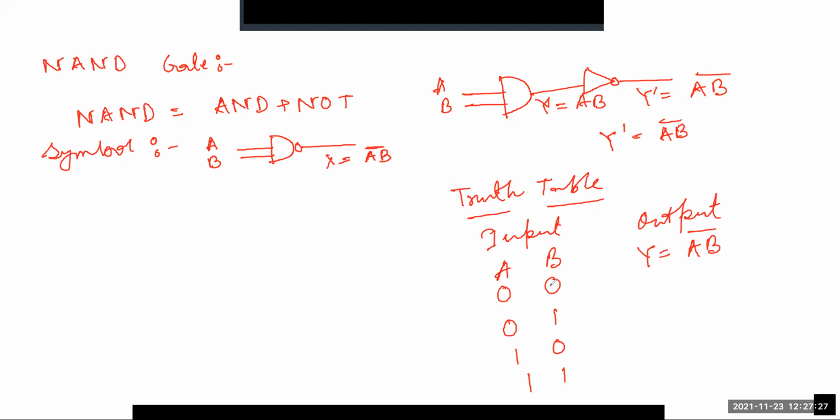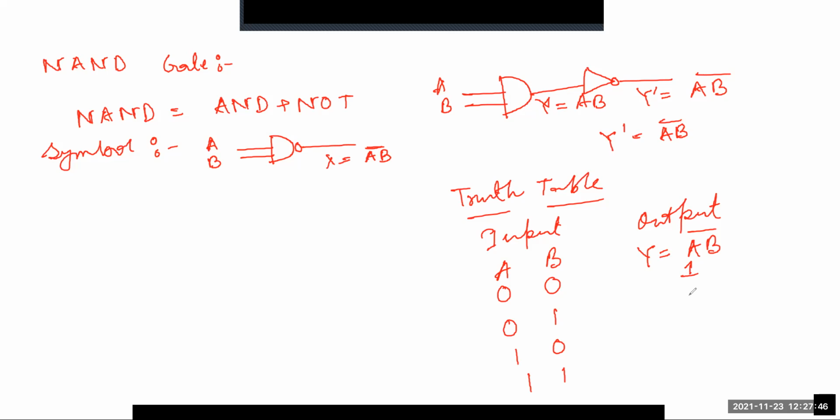So 0 0 means in multiplication what? 0. So 0 bar. What is the complement of 0? 1. Yes. So 0 1 multiplication, we will get 0.